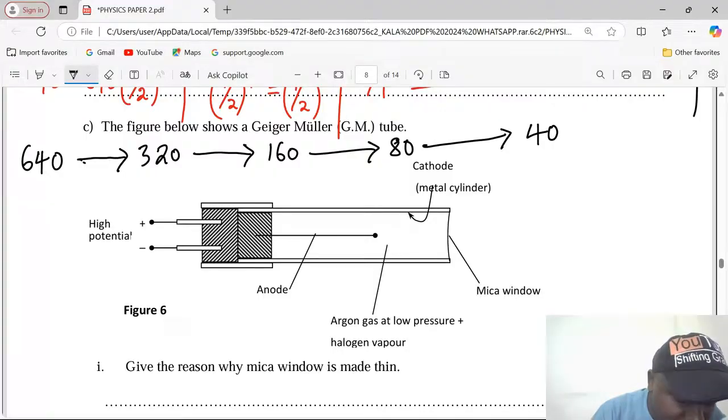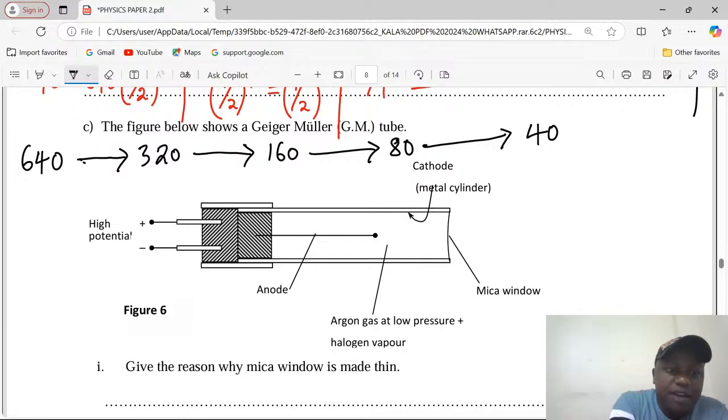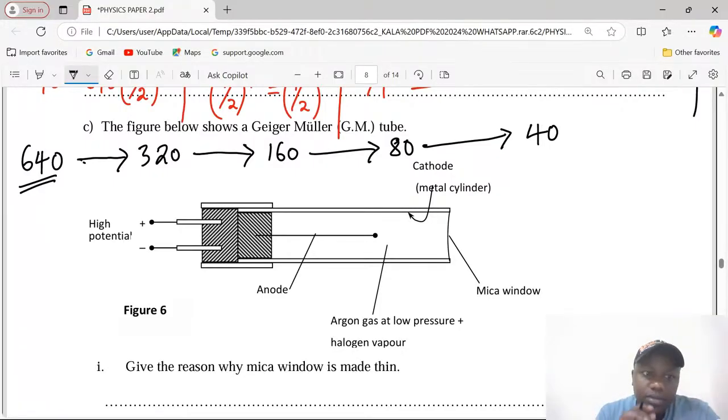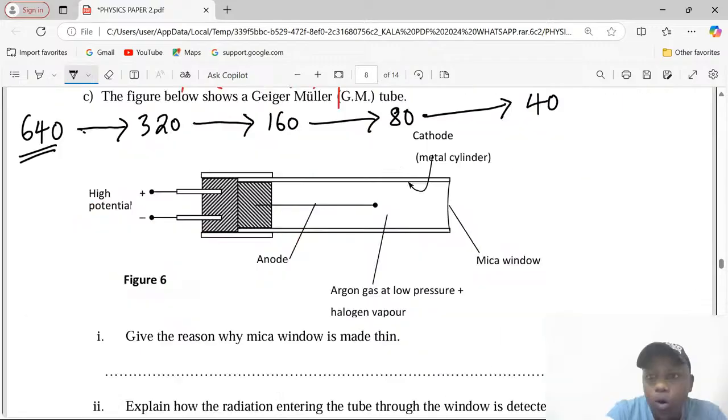So what we are saying is that for a substance to reduce from 640 counts per second all the way to 40, there are the first, the second, the third, and the fourth half-lives.